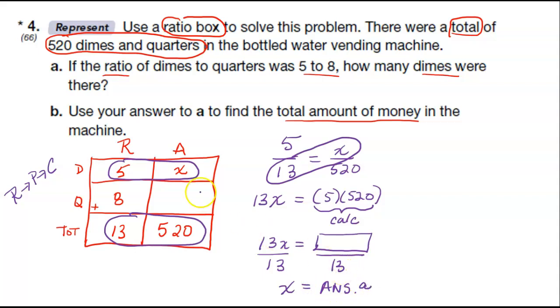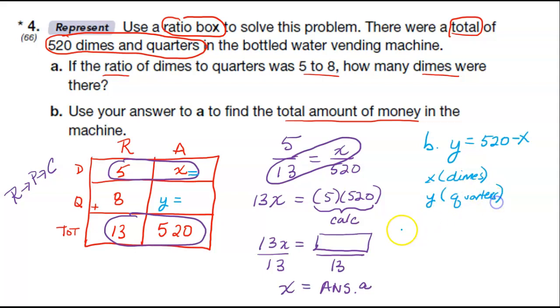Okay. Once you have the answer for A, let me switch colors. Once you have the answer for A, whatever this is, you'll be able to figure out how many quarters you have by subtracting it. Okay, so let's call those Y. And so if you're going to do B, you'll know that Y is equal to 520 minus whatever you get in A. And then you'll know that you have X number of dimes and Y number of quarters.